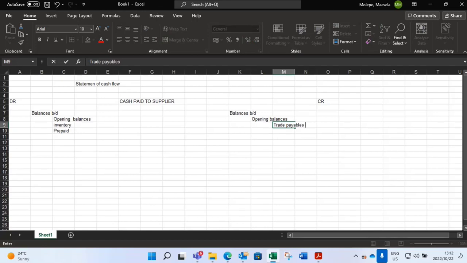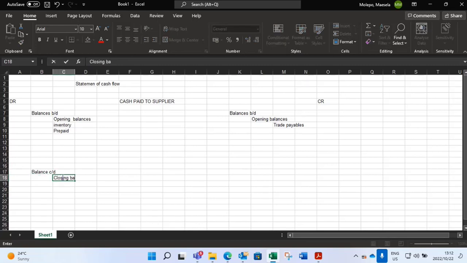So mostly these are the things that you need. Whatever is on the debit side as brought down must be cross-referenced to the credit side as carried down. And whatever is on the credit side as brought down must be cross-referenced to the debit side as carried down. So you're also going to have the balance carried down of your trade payables, which will be on the closing balances.